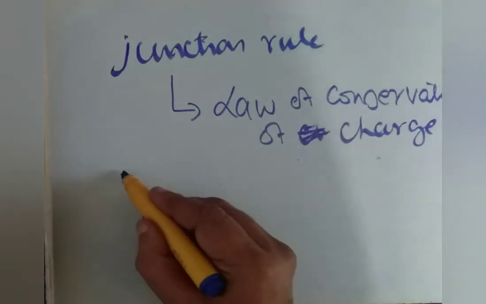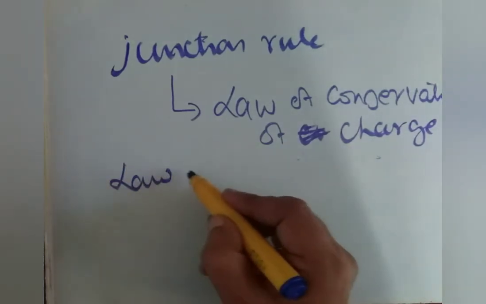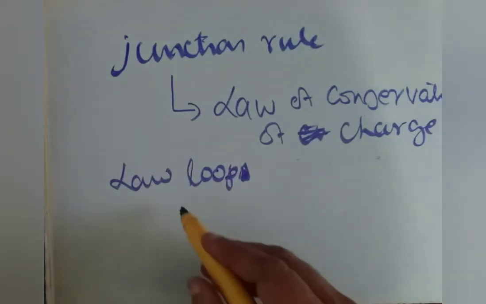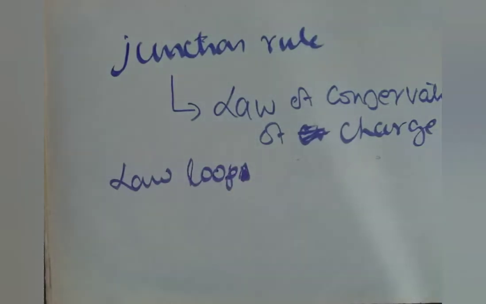And similarly, the law of loop. Can you think on which basic law it is based? Let us state the law of loop once again. It tells us the algebraic sum of potential differences in a loop is 0. Potential difference, we know from our electrostatics idea, is the work done. Work done is nothing but energy. Therefore, the law of loop has something to do with energy.